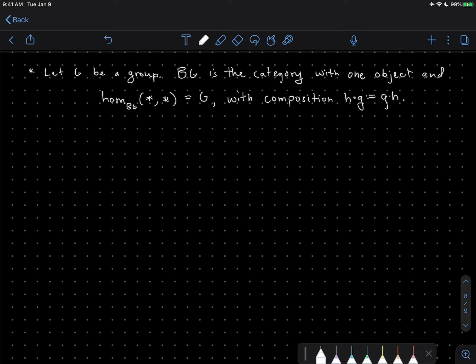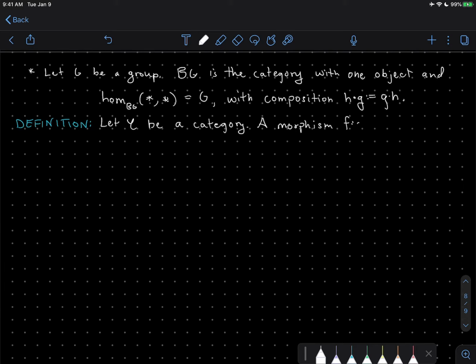Cool. Let's have a couple more definitions. Let's have a category C. A morphism, I'm really having trouble writing today.